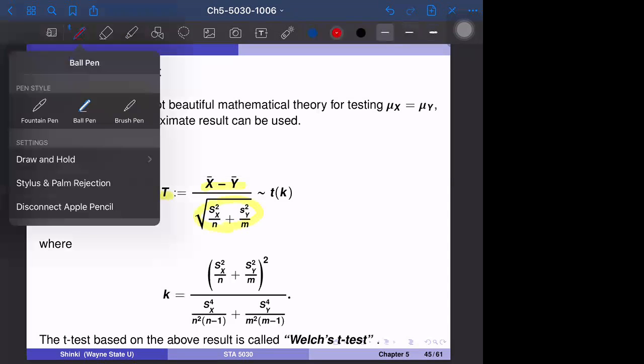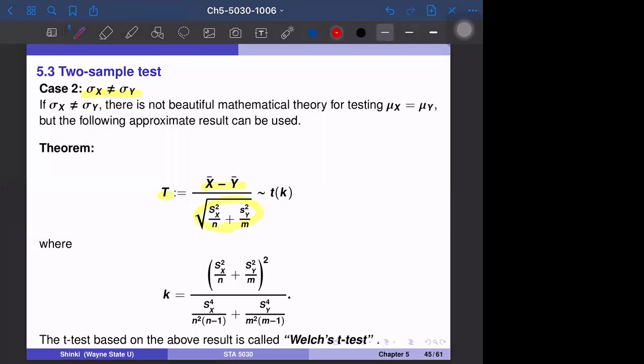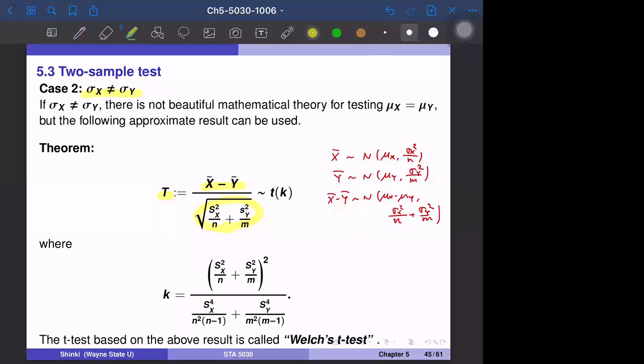This is derived by the same philosophy as last time. x bar follows normal mu x, sigma x squared over n, and y bar follows normal mu y, sigma y squared over m. So x bar minus y bar is normal with mean mu x minus mu y and variance sigma x squared over n plus sigma y squared over m. So we put the square root of this to get the t statistic.